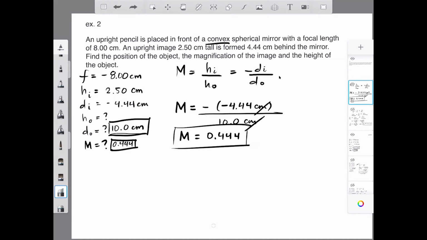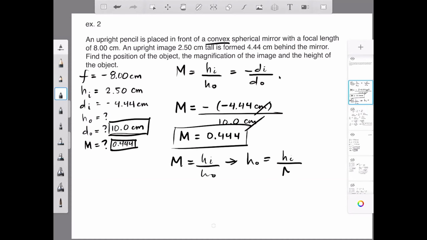Now let's use that to finish this problem off and figure out what is going to be HO. So M, remember, is equal to HI over HO, which means that HO is equal to HI divided by M. So our HI was what? 2.50 centimeters.